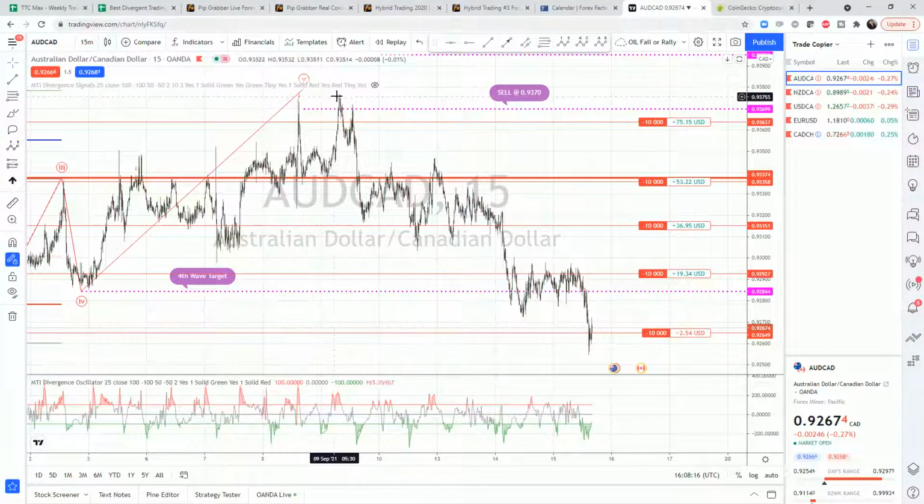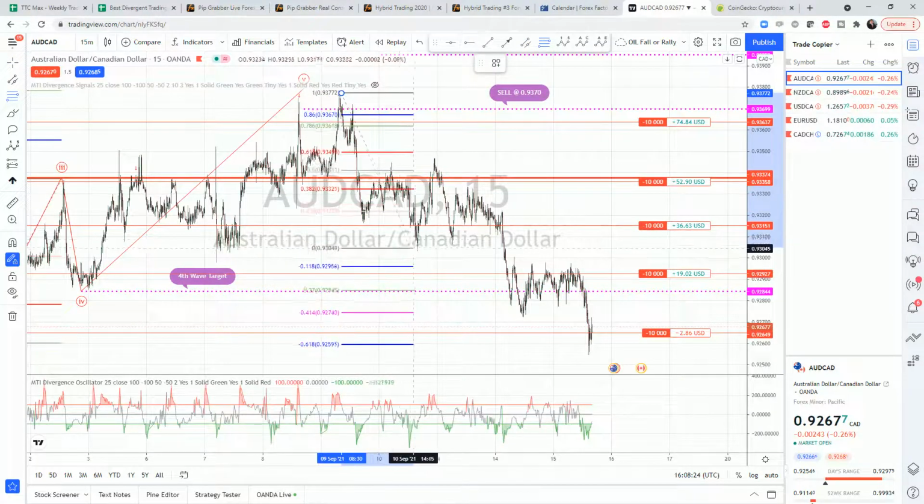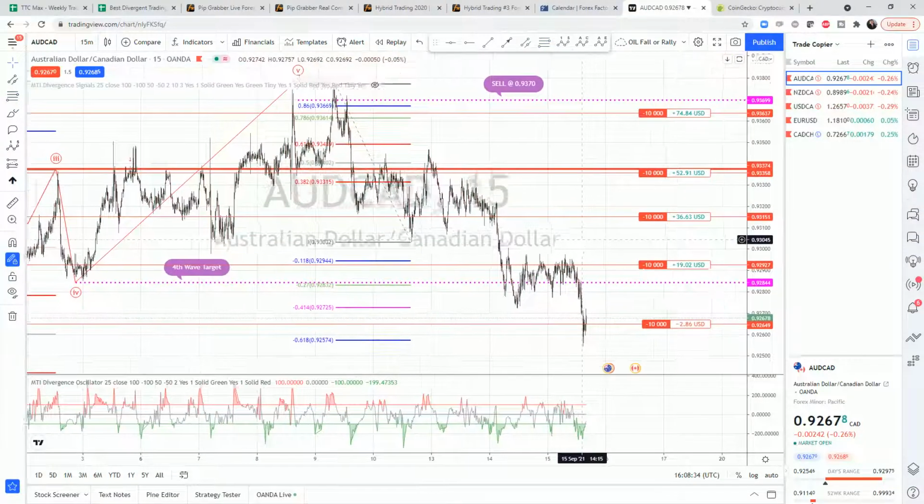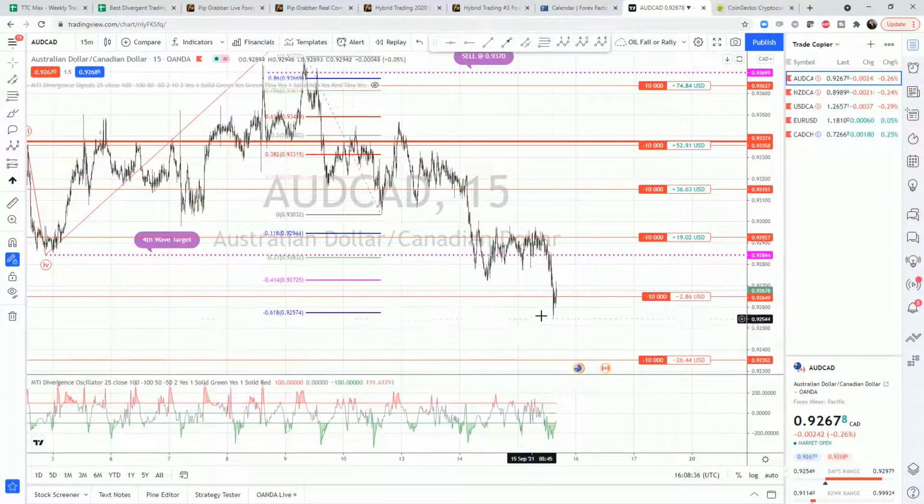So we've got a nice little wave, 1, 2, 3, 4, 5 right here. I'm going to mark that down. We've got a nice little wave structure going down from here to here. And look at that, price did get down to the 1.618. That means we may be in a little bit of a pullback before we see price moving further down south.